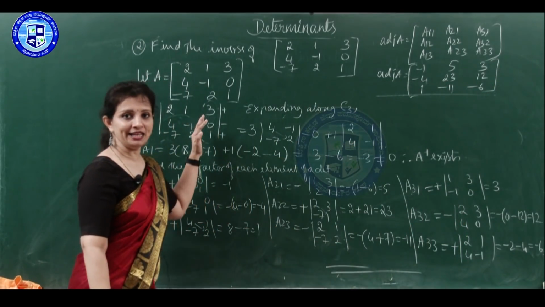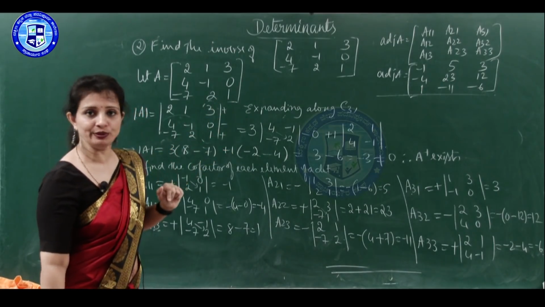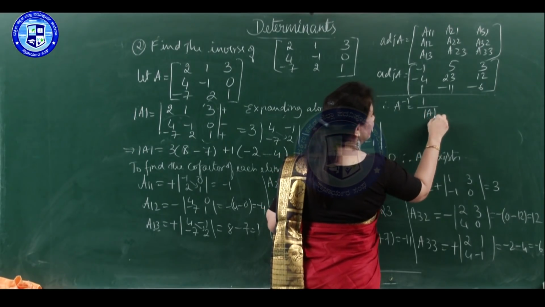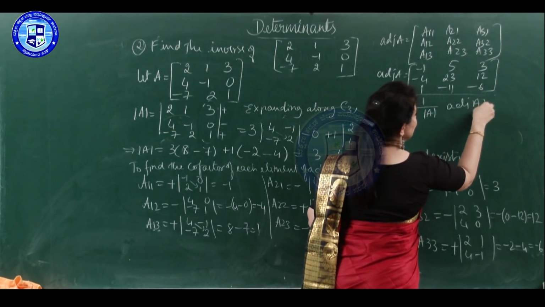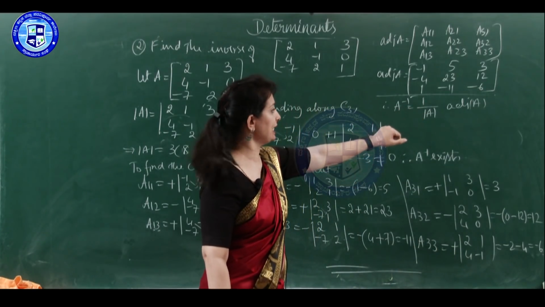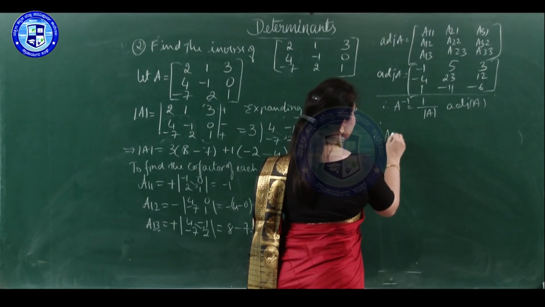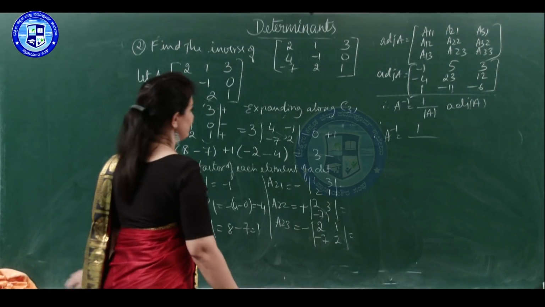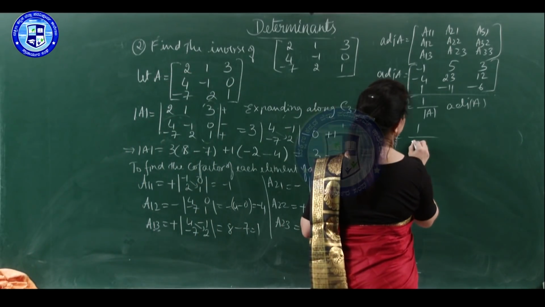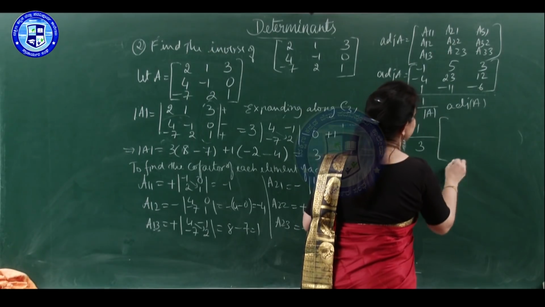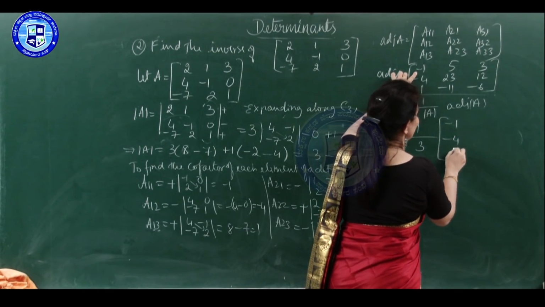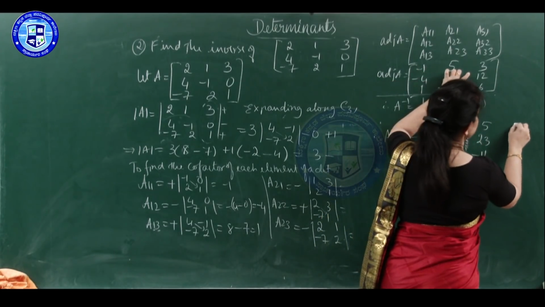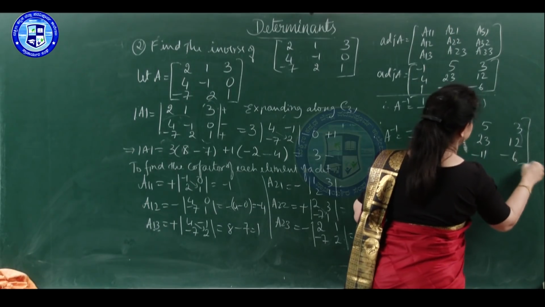Now, to find A inverse, it is 1 by determinant A into adjoint A. So we have determinant A and adjoint A. So we just write that A inverse equals 1 by determinant A. Here the value of determinant A is minus 3, into adjoint A, which is 1, minus 1, minus 4, 5, 23, minus 11, 3, 12, minus 6.